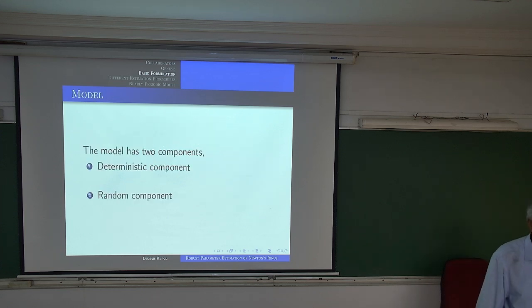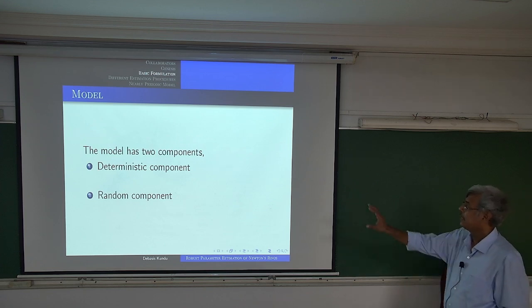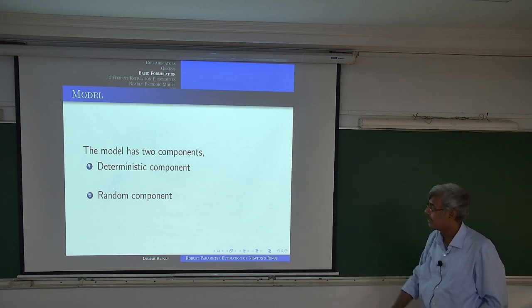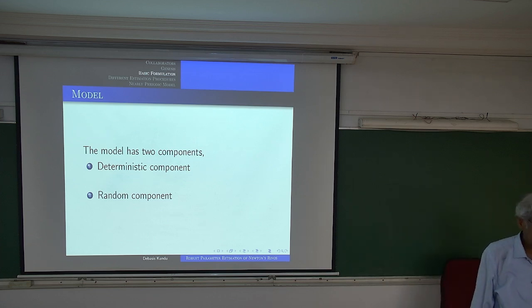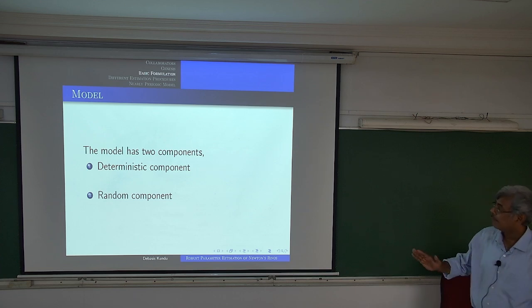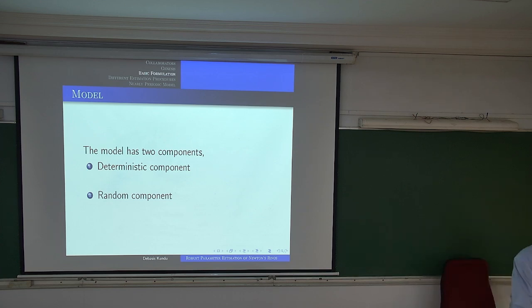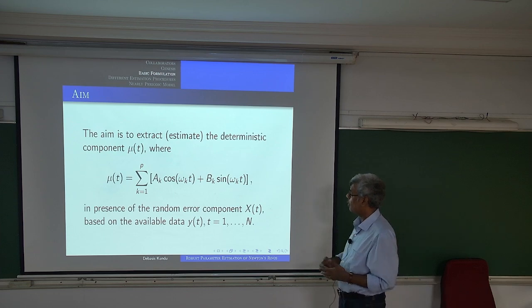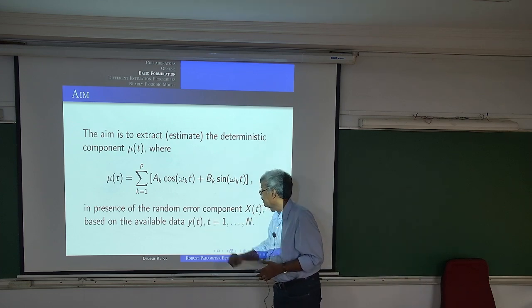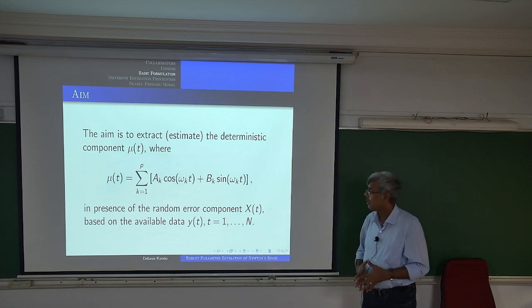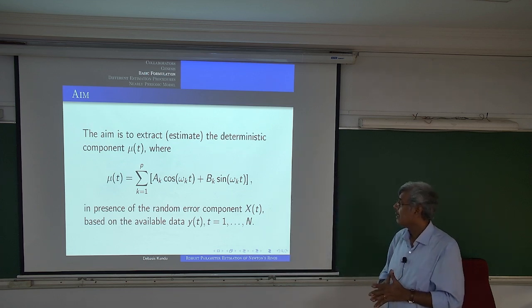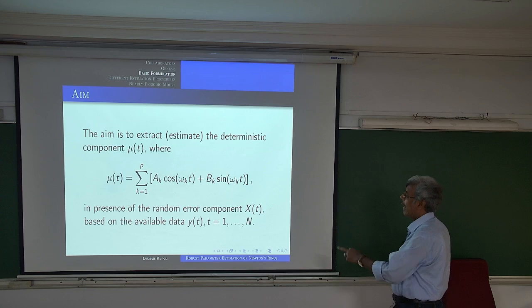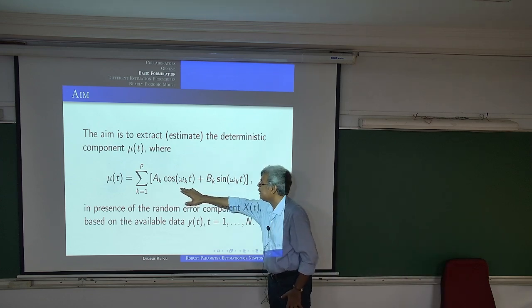There are two things. One is the deterministic component, which sits at the beginning, where everything is constant and there is no randomness, and there is a random component. As I said, what I observe is always this YT, which is the signal plus the noise, and I am trying to extract the signal out of it.